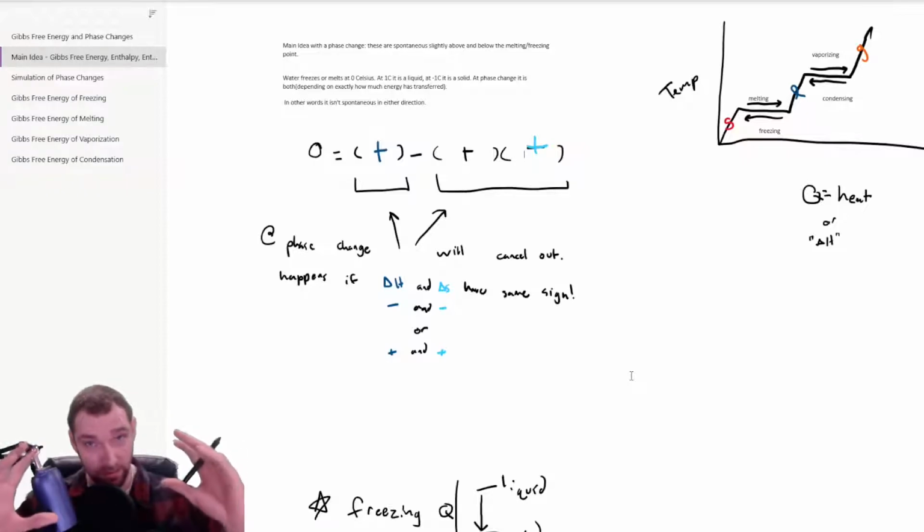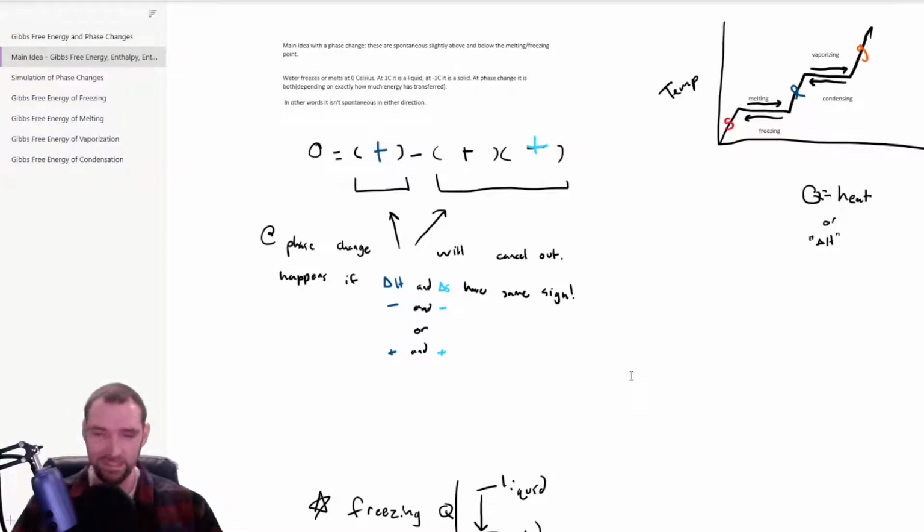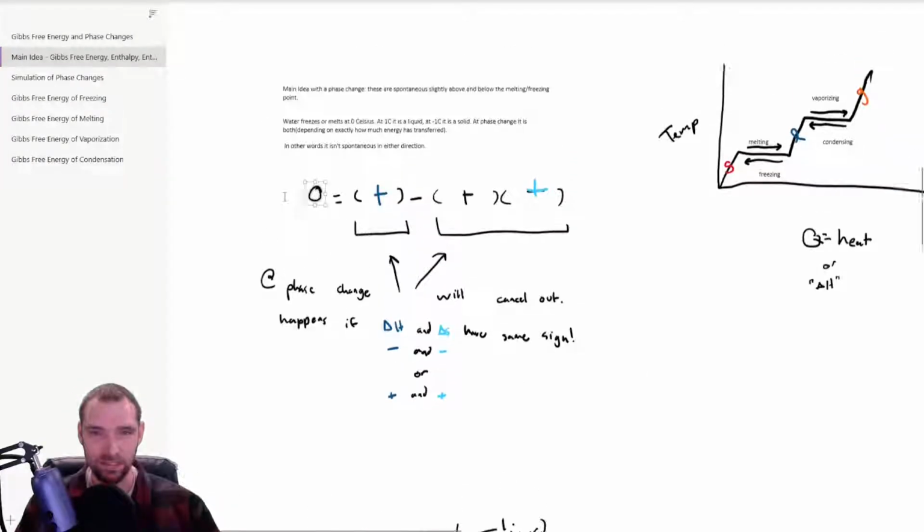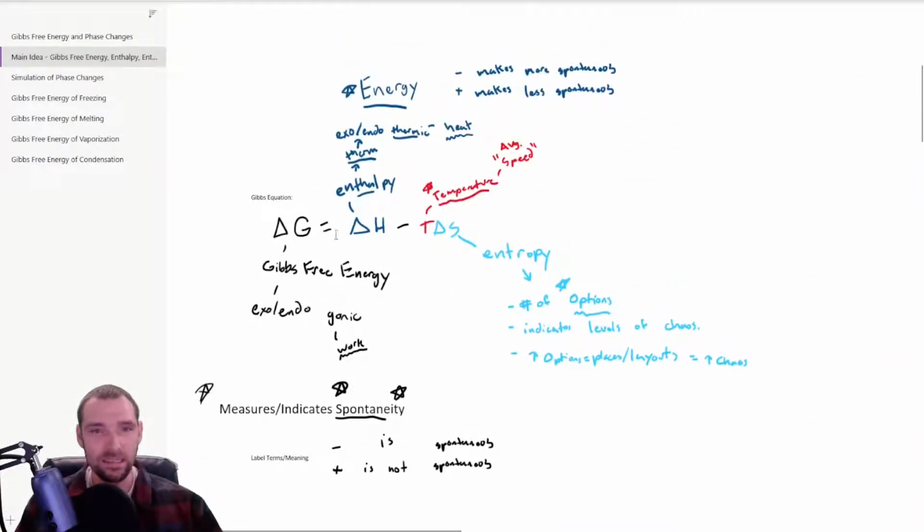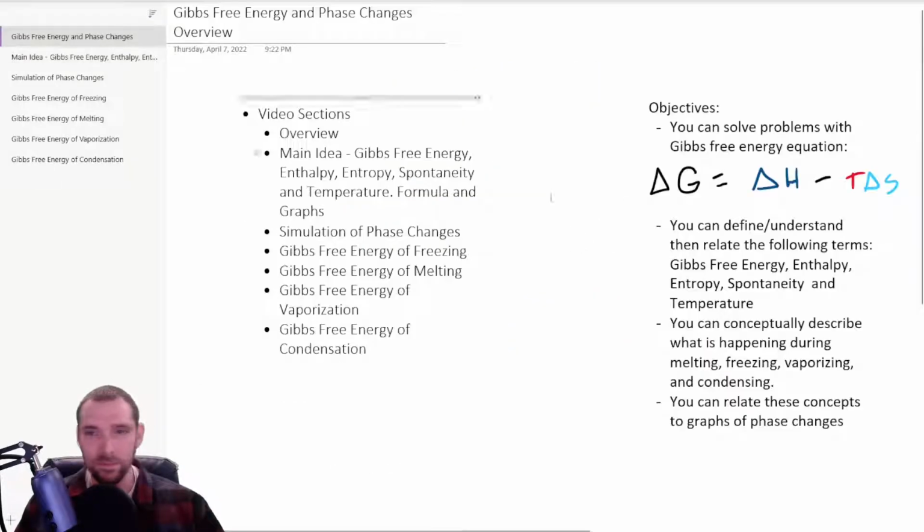But it's important to keep in mind that essentially the two parts are fighting each other to determine if it's going to be spontaneous, a negative number, or not spontaneous, a positive number, for our Gibbs free energy. Because this is the same equation as we have right here.